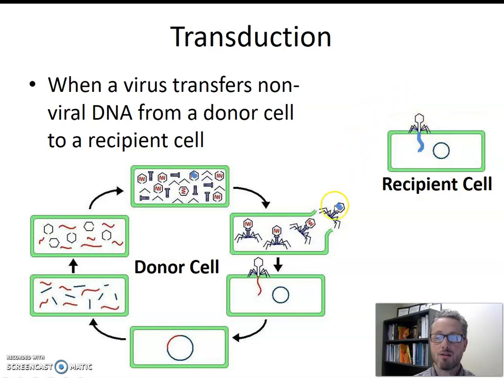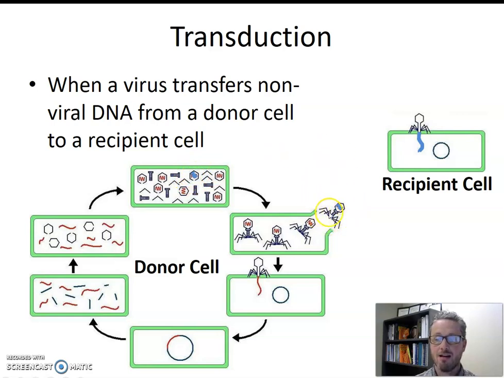That viral particle was produced in the donor cell. And again, it contains bacterial DNA instead of viral DNA. That can happen because back in synthesis, the host chromosome was cut into small pieces, and then those small pieces can be incorporated into a virus during assembly.